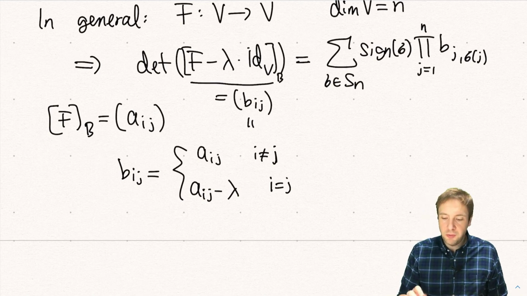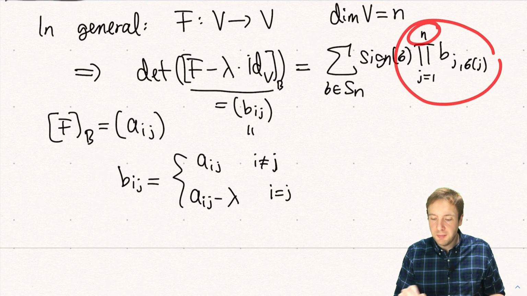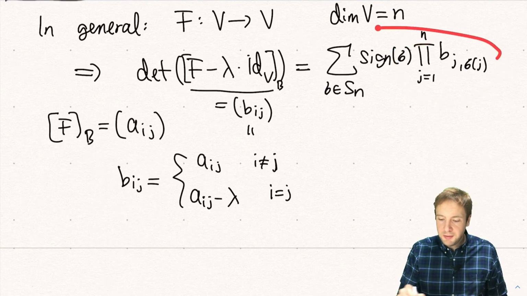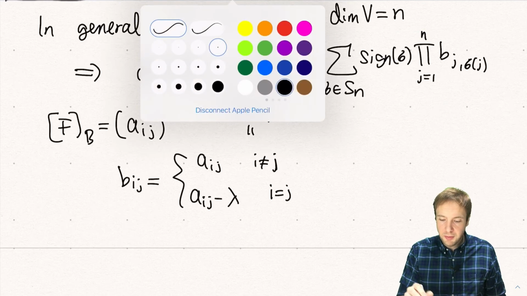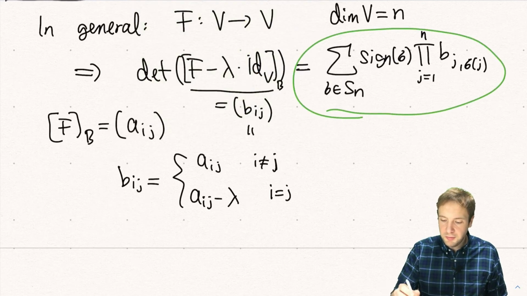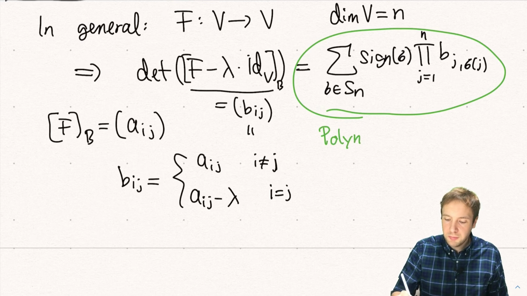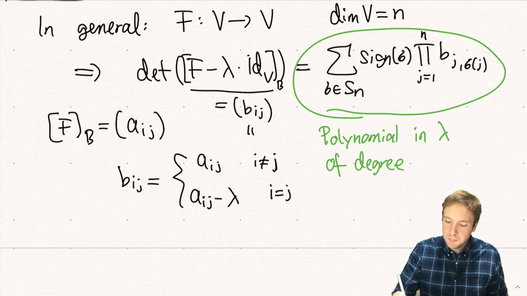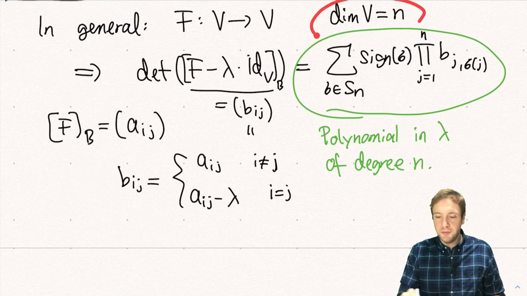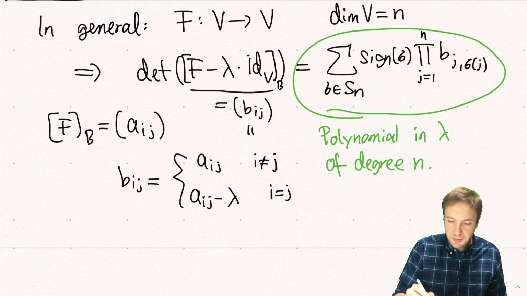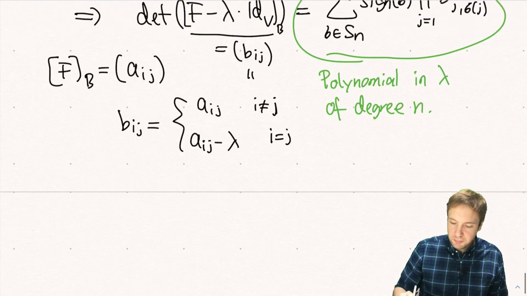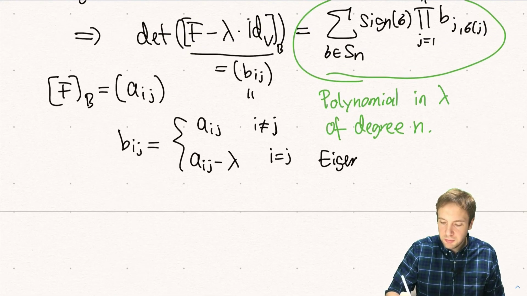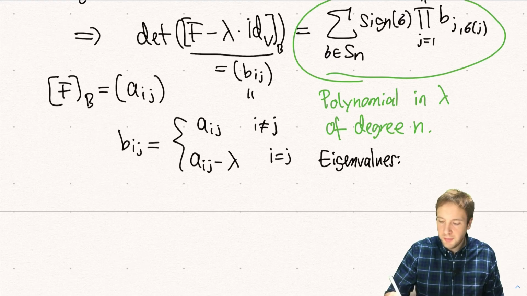The degree of this polynomial, because here the factors can be up to n factors, meaning this is always a polynomial in lambda of maximal degree n, where n is the dimension of this vector space V. And the eigenvalues are the zeros of this polynomial.